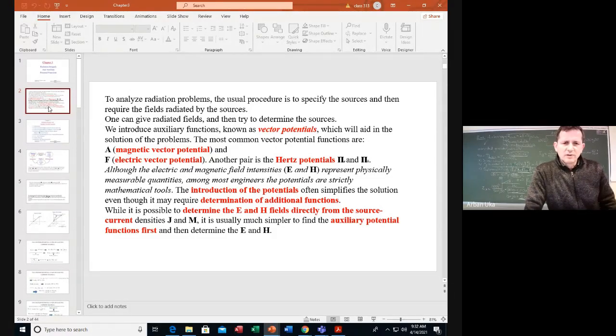You have seen this before, especially the A, which is a magnetic vector potential. And now here we have also the F, which is an electric vector potential. From these two, after we introduce these potentials, we can determine the E and the H, as we said.